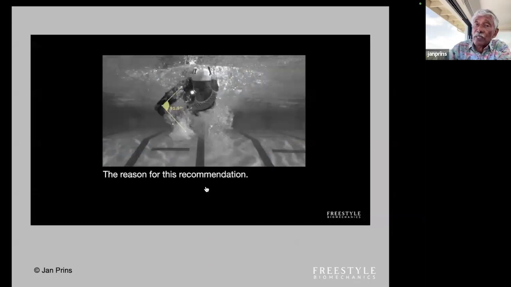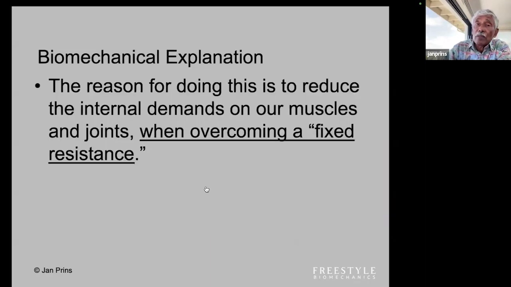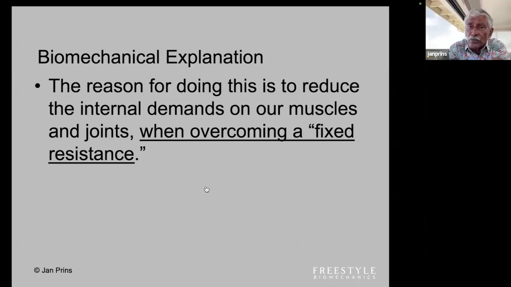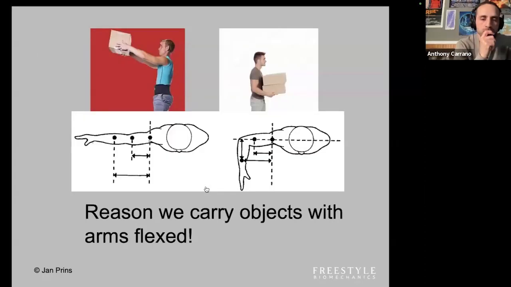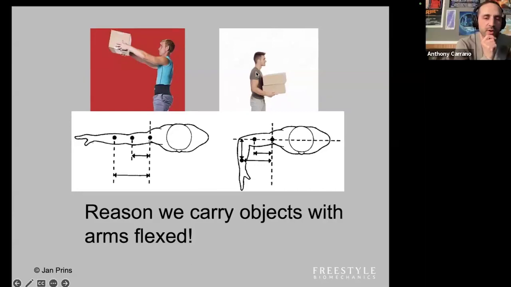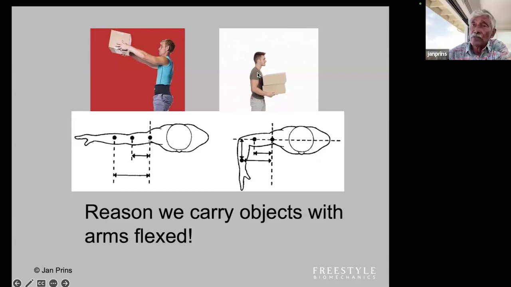The reason for this recommendation is, when we're trying to overcome a fixed resistance, out of the water and in the water, we bend our elbows to reduce the internal demands on our shoulders, right? That's why we bend our elbows, because we want to lessen the torque on our shoulders.